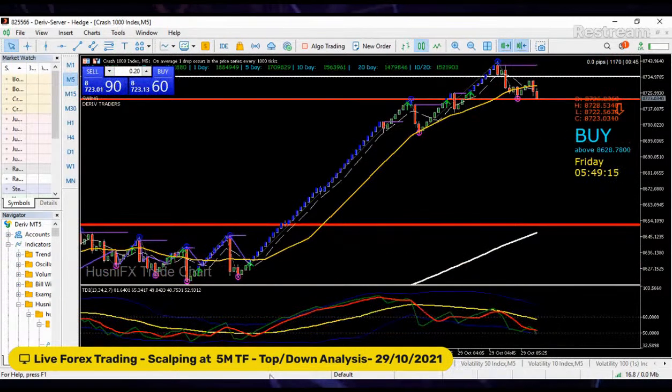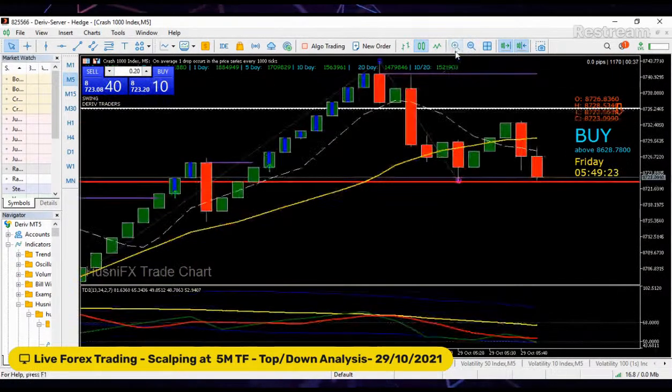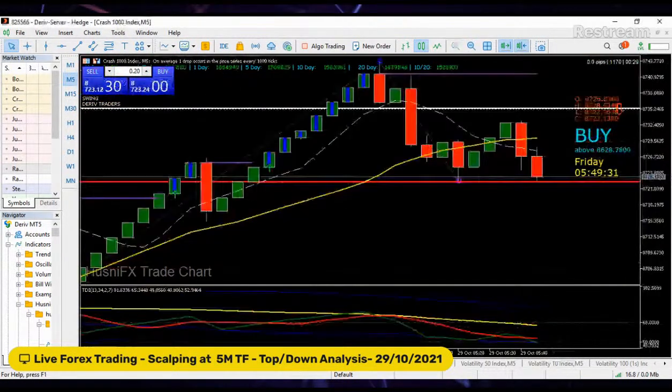You can see the guy which I have told you, Crash 1000. We have to sell below this rate. You can see that the price is still falling down. We should take a sell below the red line, this red line.